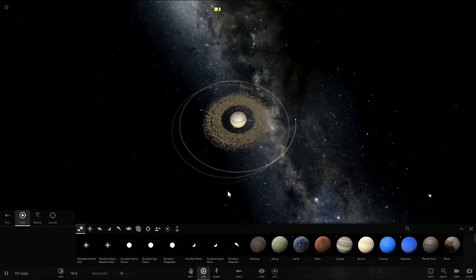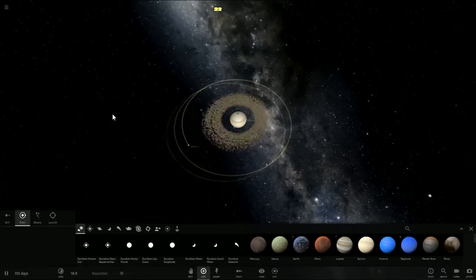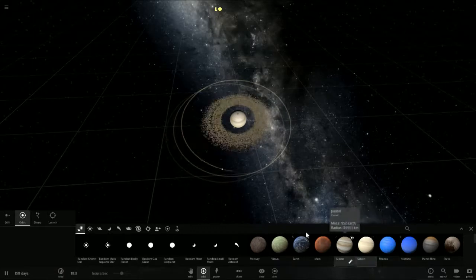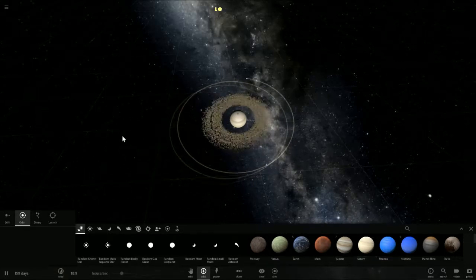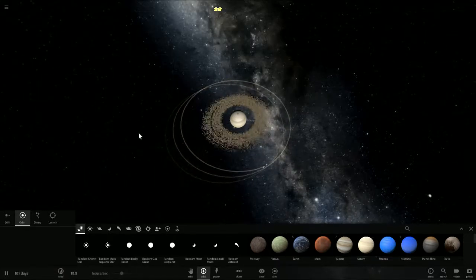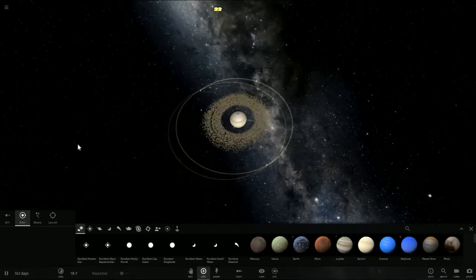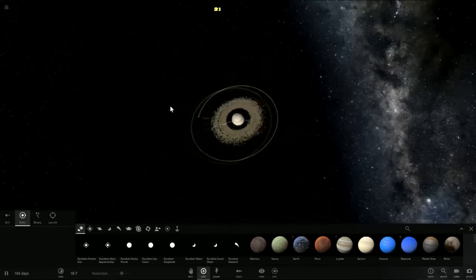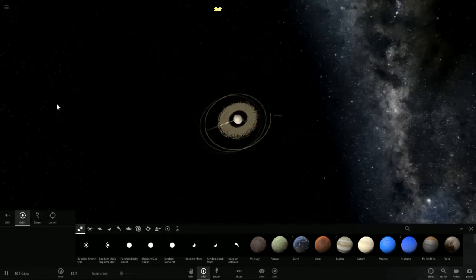When you have Jupiter here and Saturn here, when they're lined up, they almost mess up the entire system, and that was when they were forming. And of course that pushed the gas giants out.